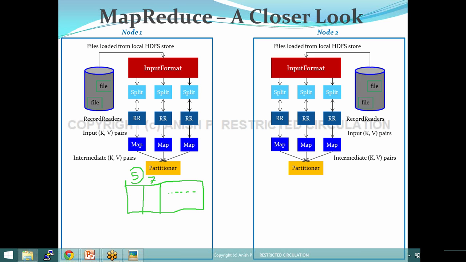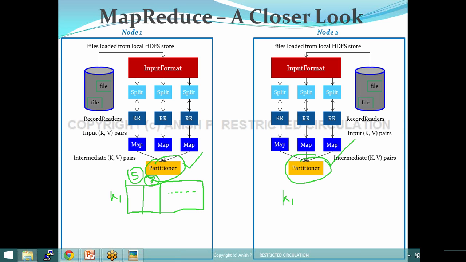This partition will go to a specific reducer. Suppose here I am having a key called K1 and here also I am having a key called K1. Since the logic in each and every partitioner is the same, whatever calculation this partitioner is doing, the same calculation this partitioner is also doing.